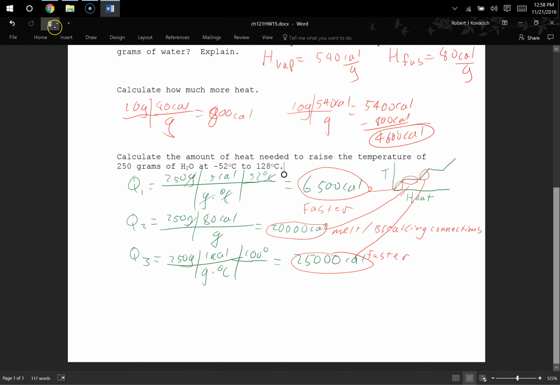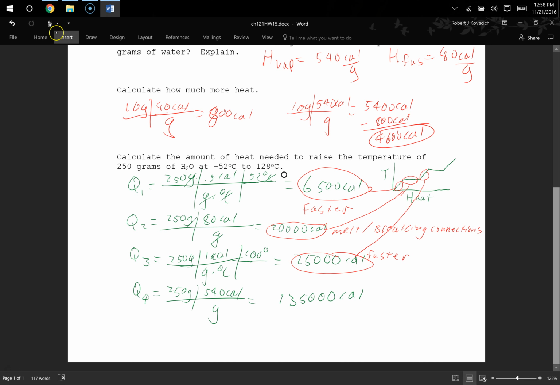And then Q4. This is the boiling part. This is the most energy intensive portion. So my 250 grams. And then I've got, how much here? 540 calories per gram. And this is 135,000 calories.